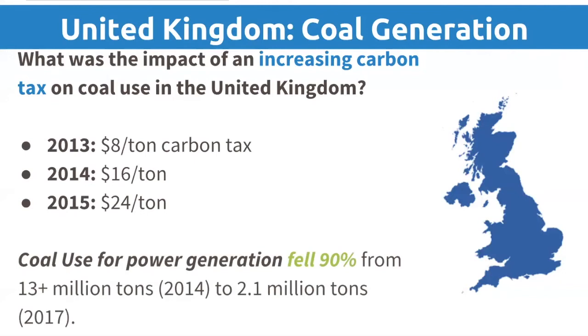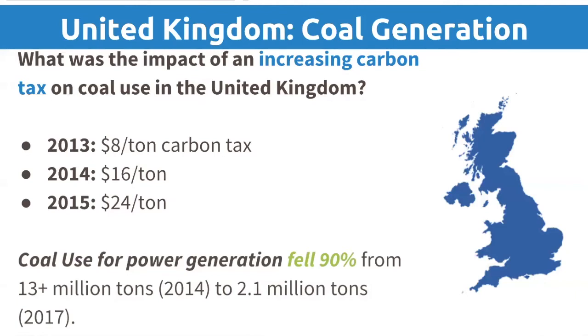Renewables and gas use increased. The UK imposed it on top of the European Union cap and trade program, which was at only $5 to $9 a ton from 2012 to 2017. Basically, a $25 to $35 a ton carbon tax has eliminated coal power generation in the United Kingdom.